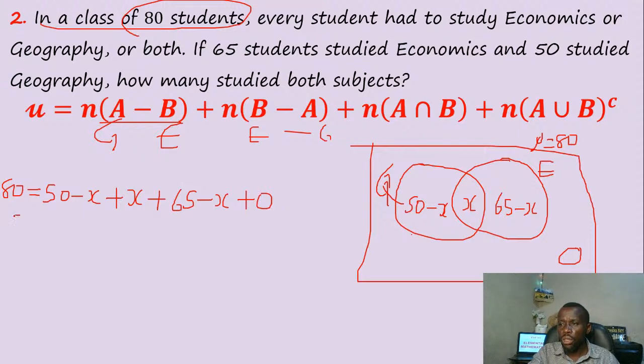So let's continue. That will be 80 equals, minus X and plus X will cancel out. That is how you will know that you are correct in your calculation.